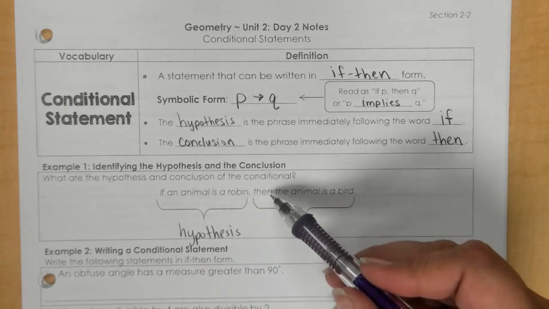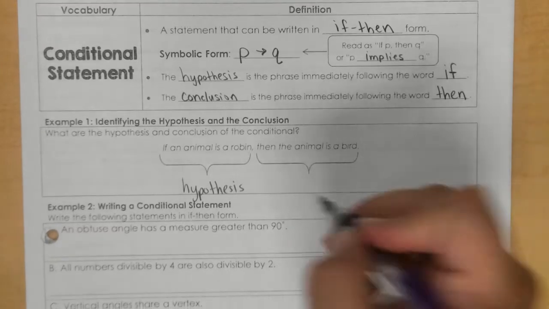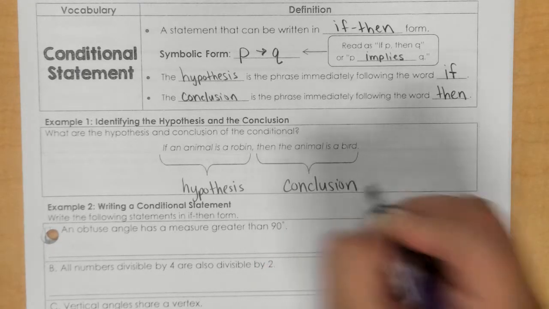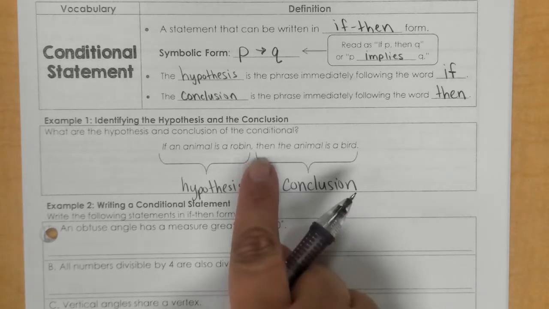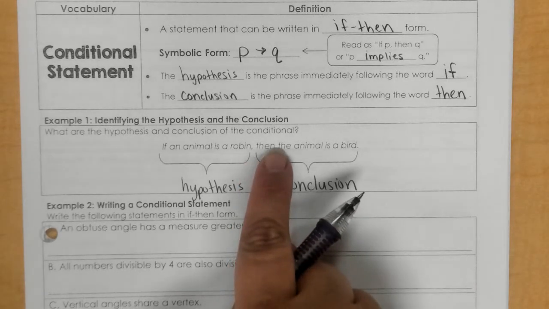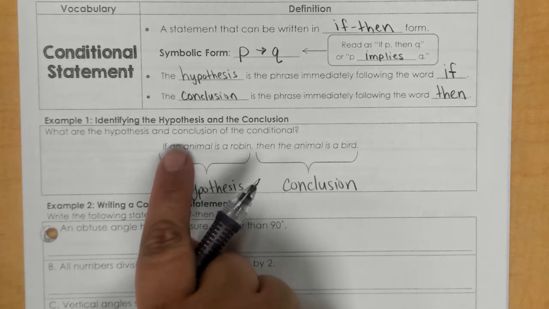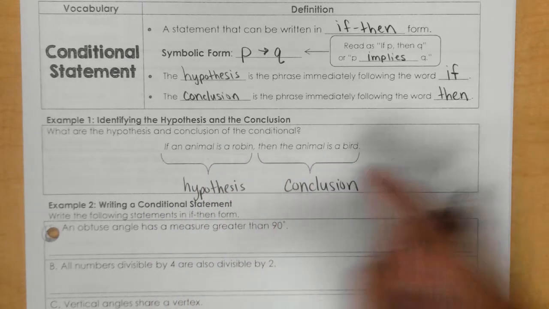And the part that comes after the then, the animal is a bird, that would be your conclusion. Okay. These little parts right here really should have been moved over after the then and after the if to just show an animal is a robin and the animal is a bird. Okay.